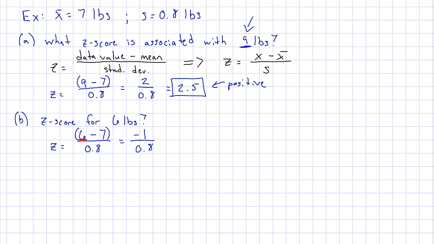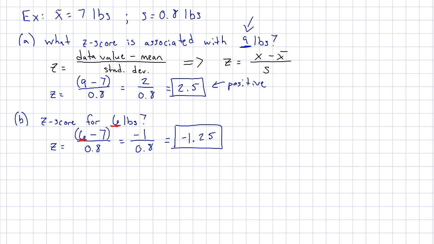So that really matters. Okay, so -1 divided by 0.8 is -1.25. It is negative because the value of interest, 6 pounds, is smaller than the mean, which is 7 pounds. So I'm happy because I have a negative z-score.